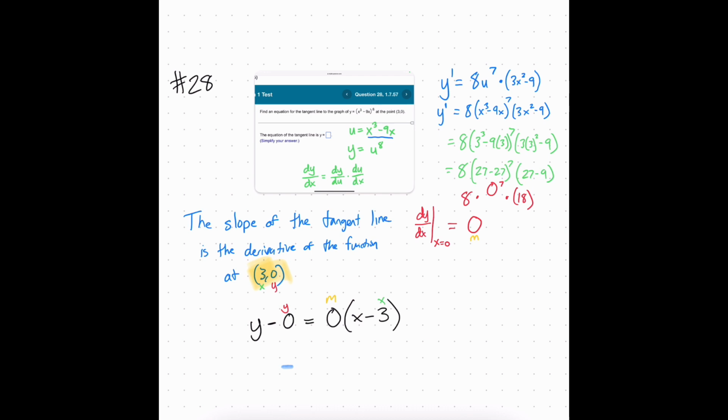Right, so that's how I can write my equation. I can use point-slope form: y minus y1 equals m times x minus x1. Well, I can simplify this. y minus 0 is just y. 0 times (x minus 3) is just 0. And that's my equation. My tangent line equation is just y equals 0.